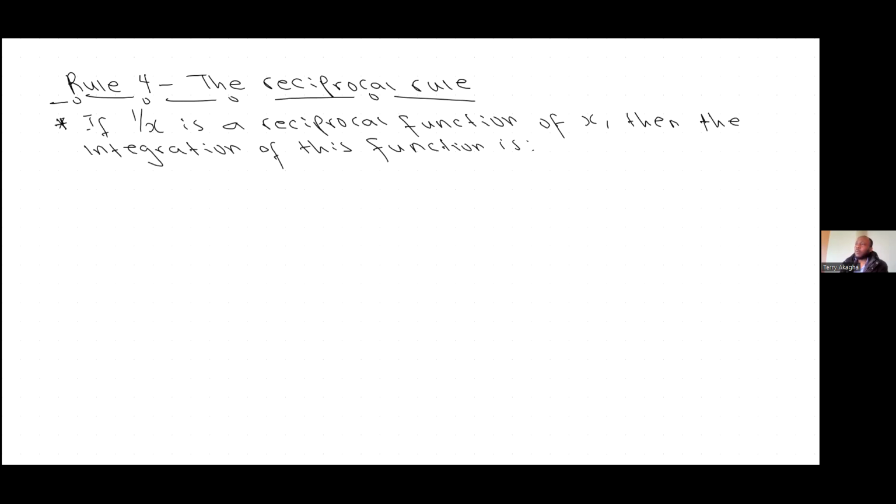So basically, when you integrate 1 over x with respect to x, it's going to give you the ln of the absolute value of x plus c, okay? And this is what we call the natural log of x.